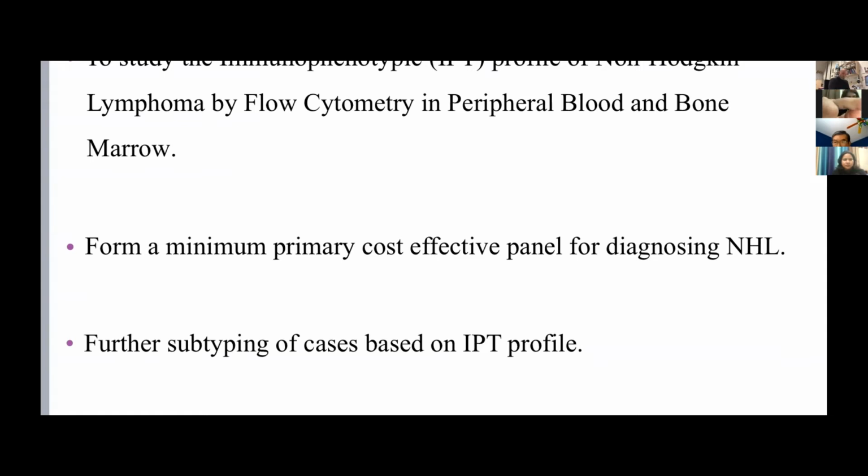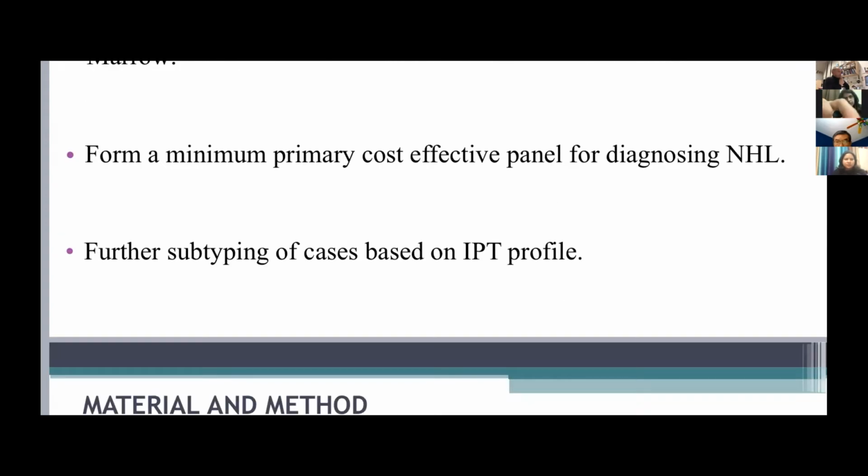Every patient cannot afford it, so we need to form a primary panel. As flow cytometry is also a little expensive test, we need to form a minimum primary cost-effective panel that can be used for diagnosing NHL, followed by further subtyping of the cases based on the IPT profile used in the WHO classification.